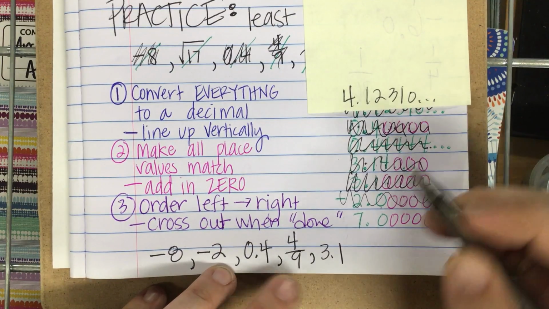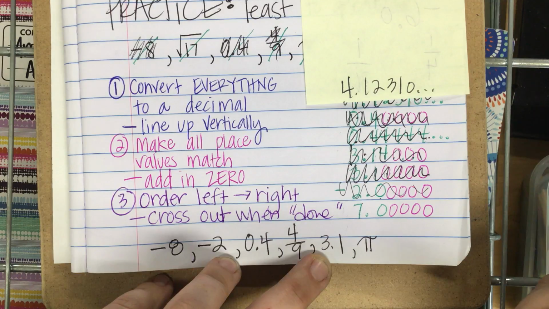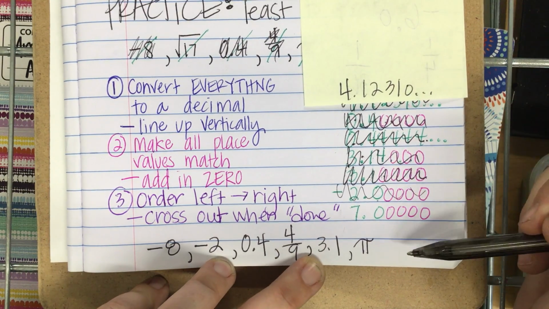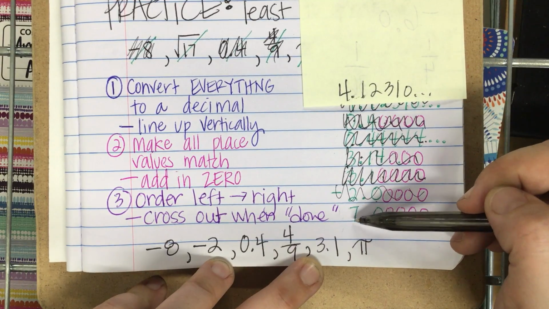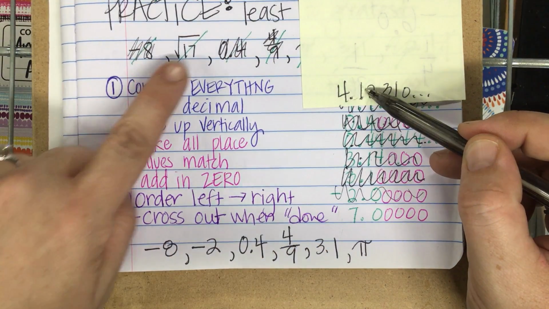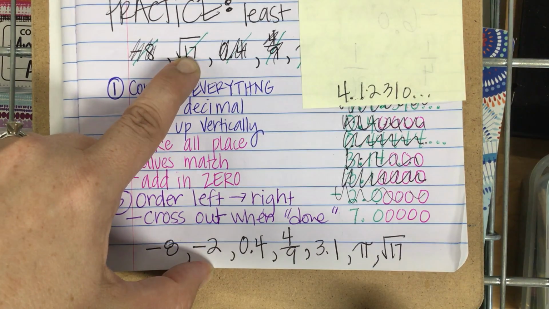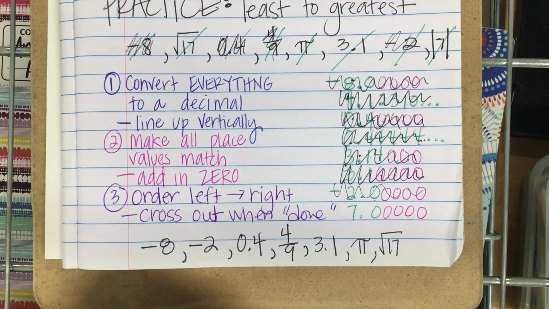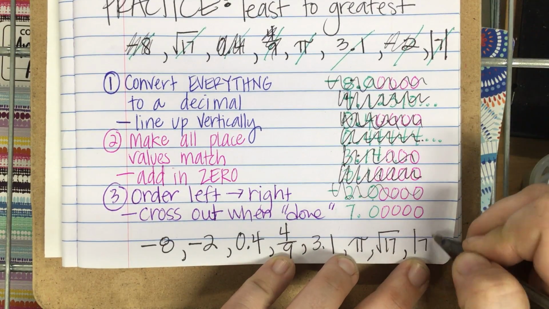Can you just write the pi sign? Yep. Then my next smallest digit is 4, because I have 4 and 7 left, right? But I go back, and that was really the square root of 17. And I can finally cross that out. And then my last one is the absolute value of 7.